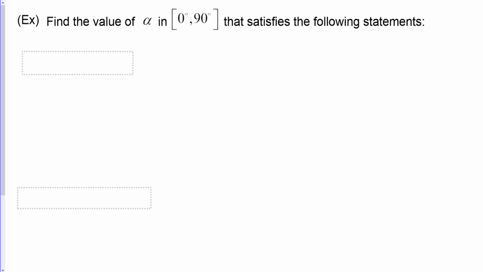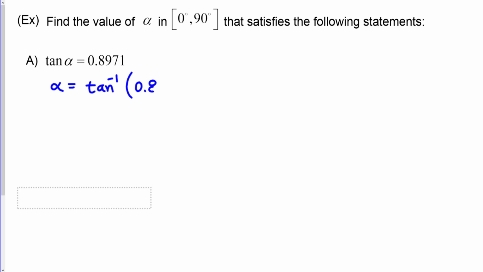Let's do a little bit more solving, but this time with the calculator. Find the value of alpha in 0 to 90 degrees that satisfies the following statements. First, the tangent of alpha equals 0.8971. To solve this, we say alpha is the arctangent of 0.8971. It's kind of like solving equations.